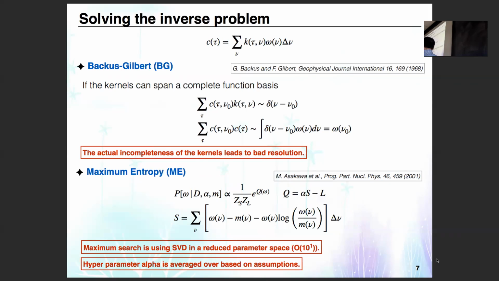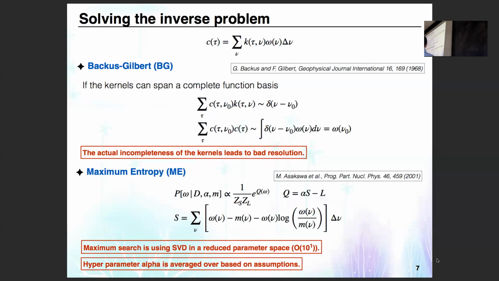L is called the likelihood function, which up to some factor is just the standard chi-square. S is called the Shannon entropy, which parameterizes the effects of the default model.